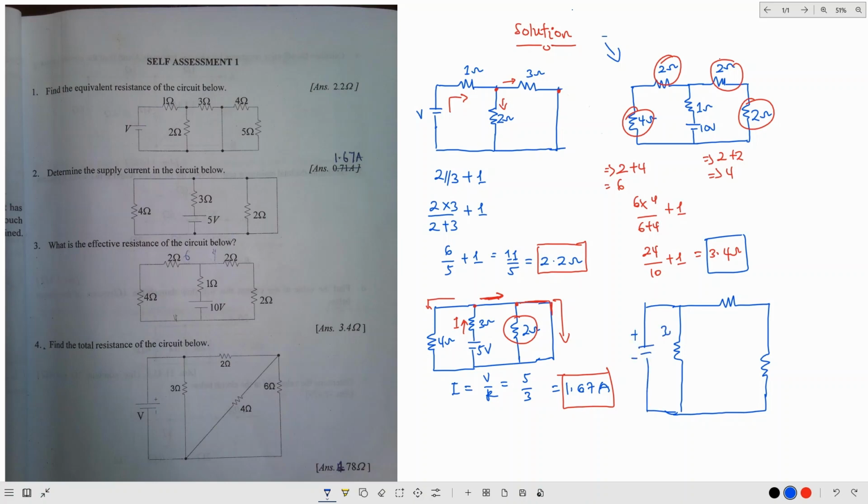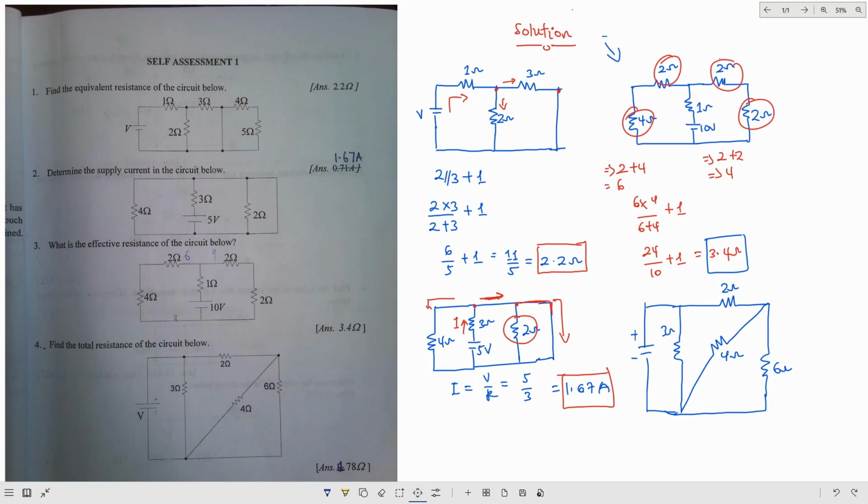We have 3 ohms here, 2 ohms here, 6 ohms here, and then we have another resistor crossing like this, which is 4 ohms.